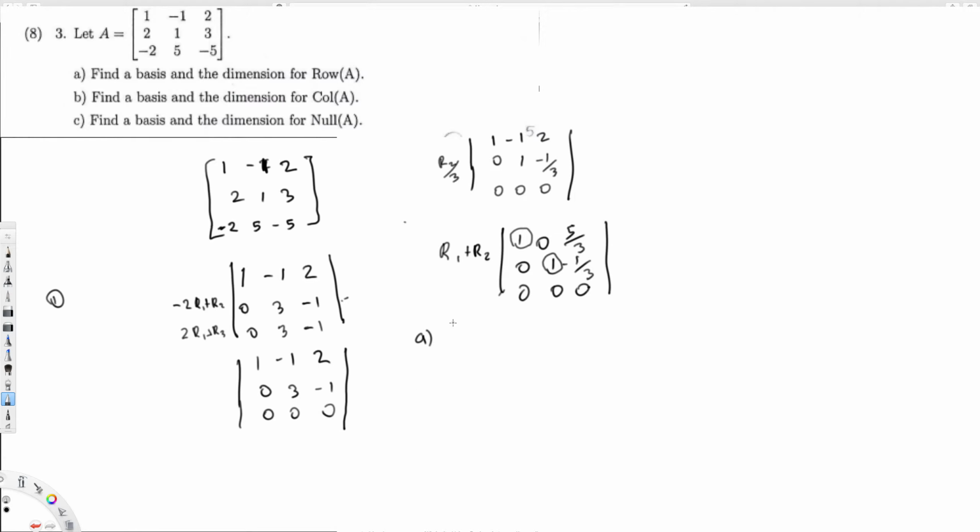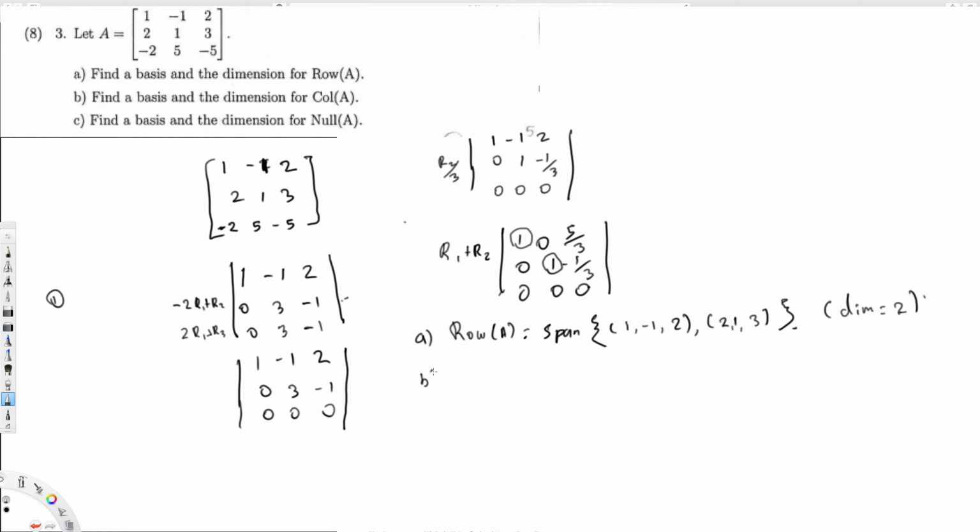So the row space of A is equal to the span of (1, -1, 2) and (2, 1, 3). So this is the answer for the first question. The first question is also asking for the dimension. In this case we have two linearly independent vectors, therefore the dimension is 2.